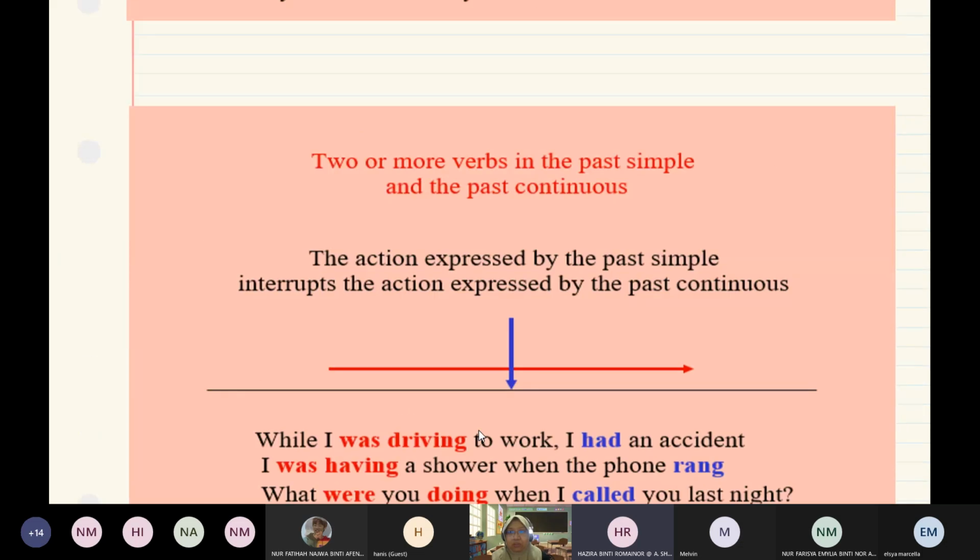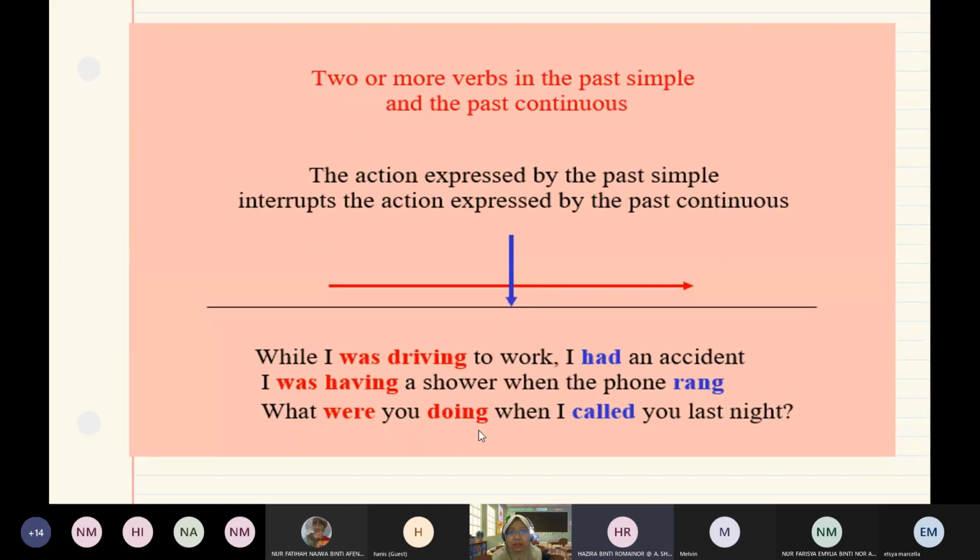Alright. Next, you use past simple and the past continuous tense when the action expressed by the past simple interrupts, maksudnya interrupt means mengganggu, action expressed by the past continuous tense. Example, number 1. While I was driving to work, I had an accident.